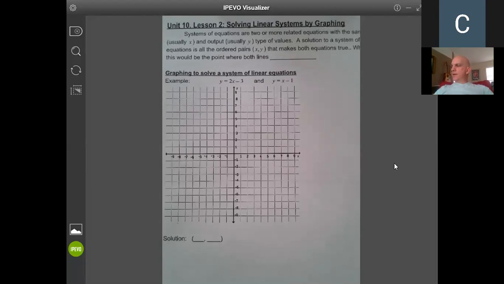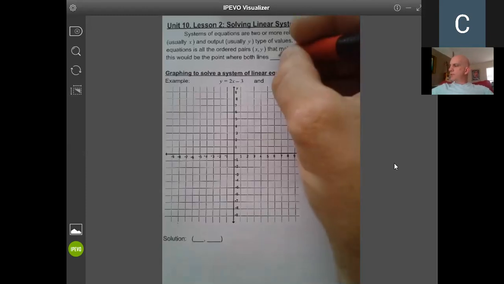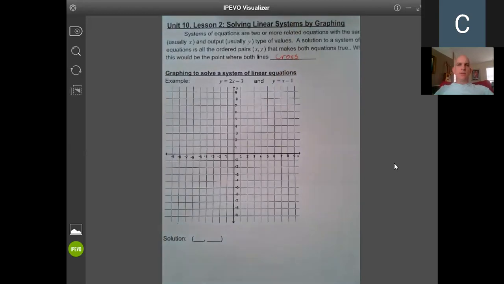What we're going to look at today, and how and why this works, is that when we graph linear functions, we can tell the solution to a system by where both lines cross. The point at which both lines cross is going to be the solution to our system when graphing.